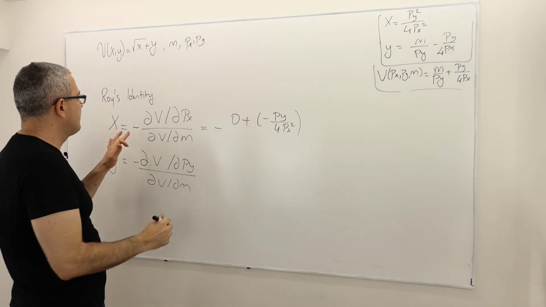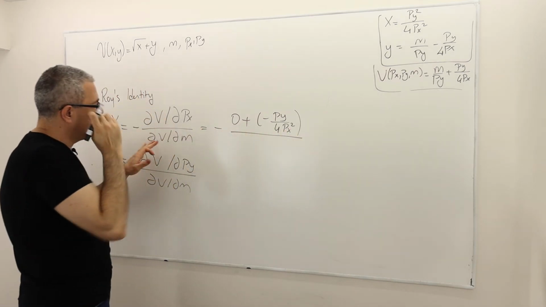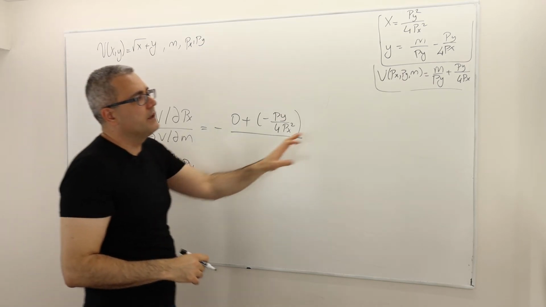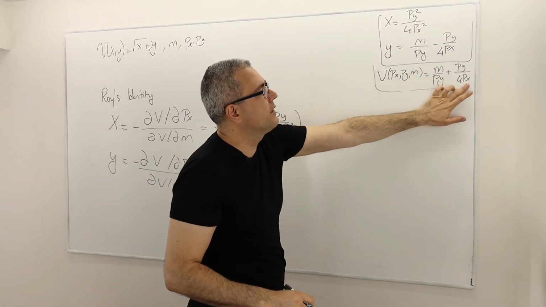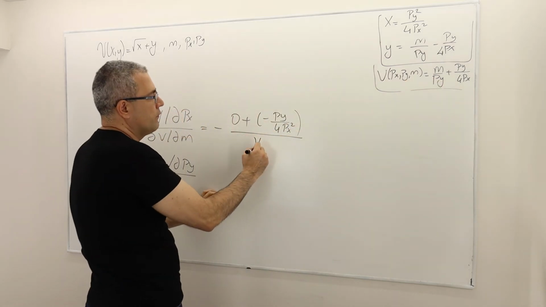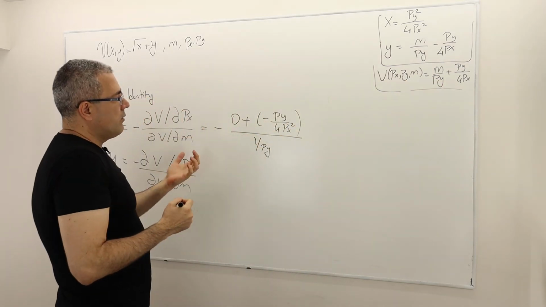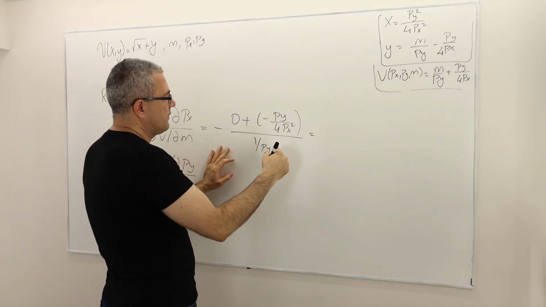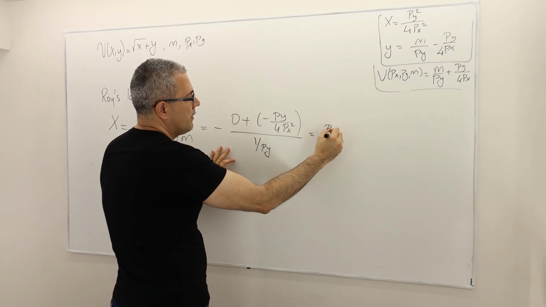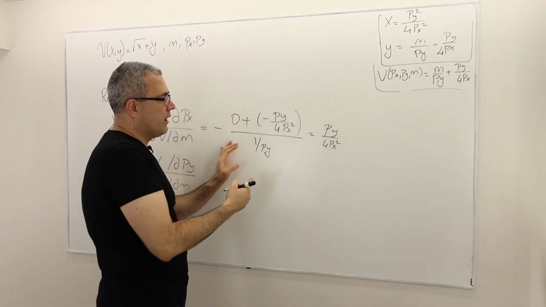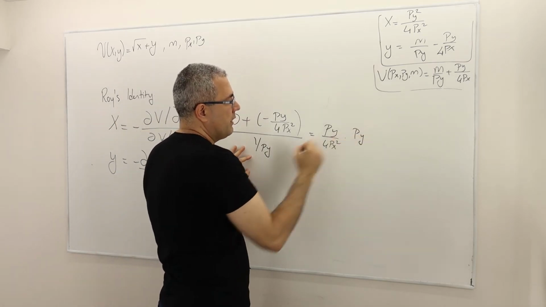Okay, divided by the partial derivative of the indirect utility function with respect to M. It's easier because this term doesn't depend on M, so its derivative is 0, but this term is nothing but 1 over Py. So what do I have? I have here minus minus, so it's going to be plus Py divided by 4Px squared times, instead of writing 1 over Py, it's just Py, right?